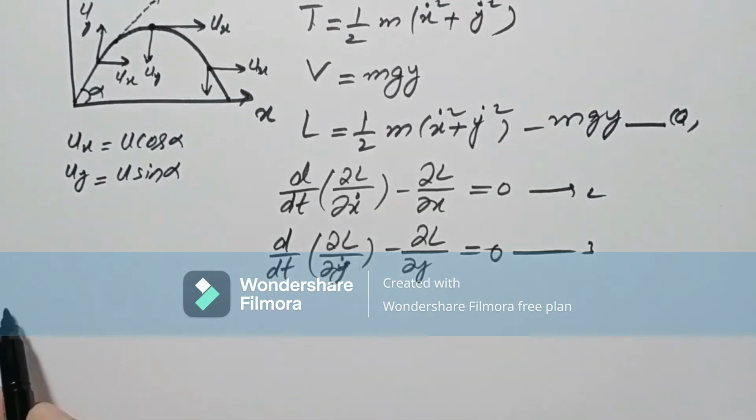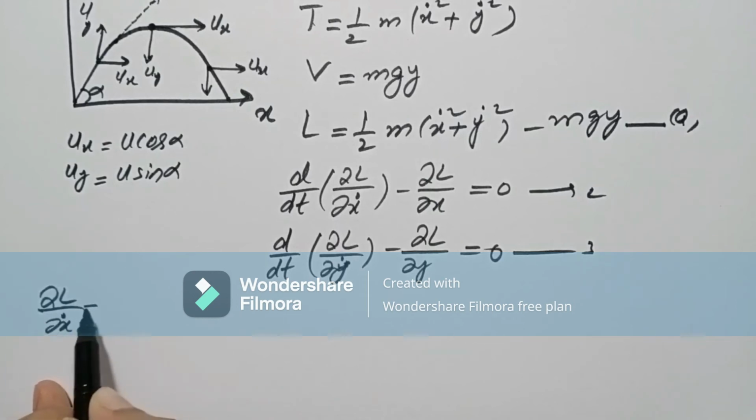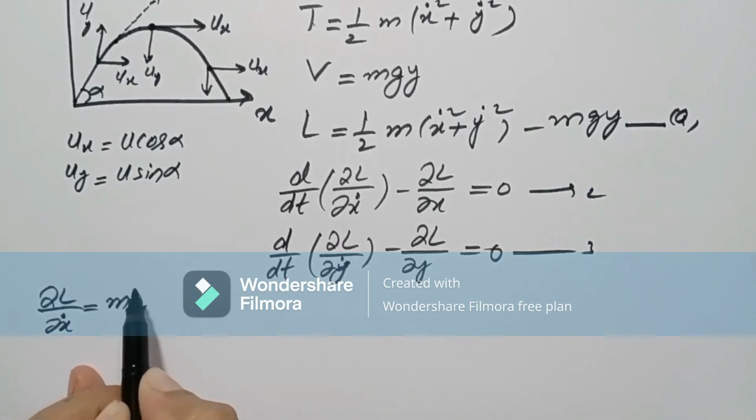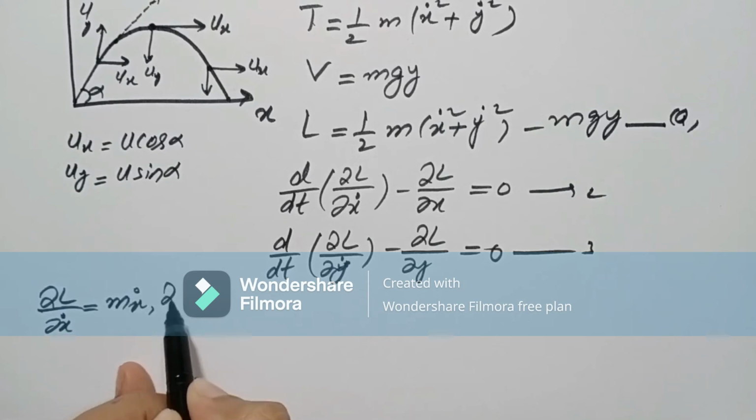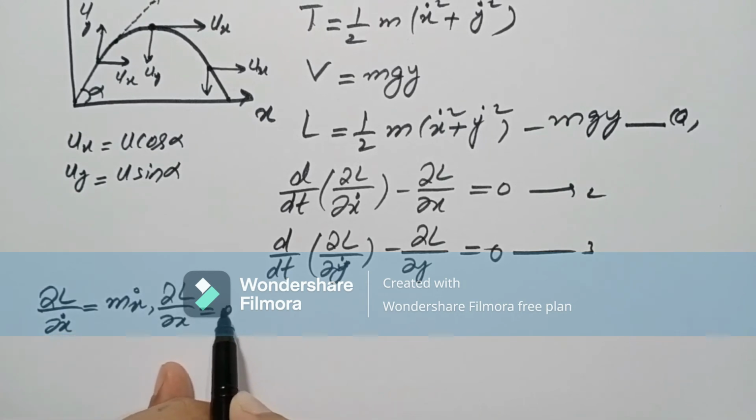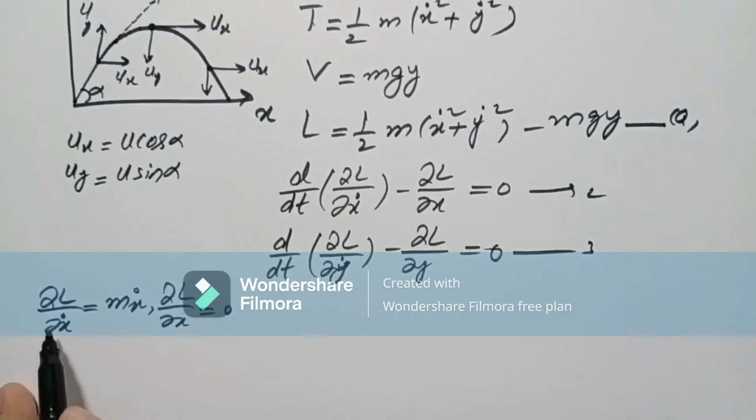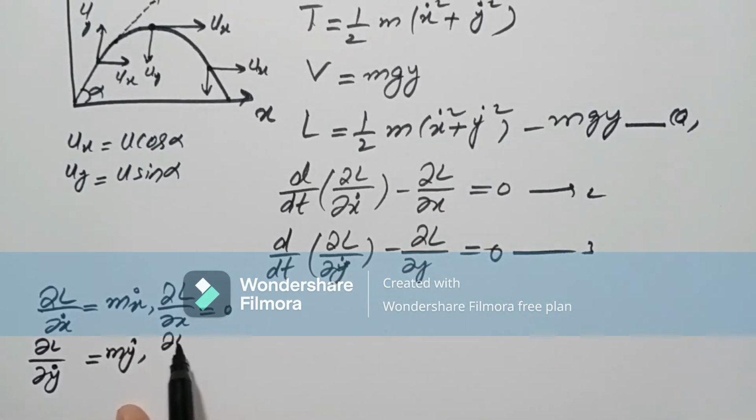So writing these derivatives, partial L over partial x dot is m x dot, partial L over partial x is 0, partial L over partial y dot is m y dot, and partial L over partial y is minus mg.